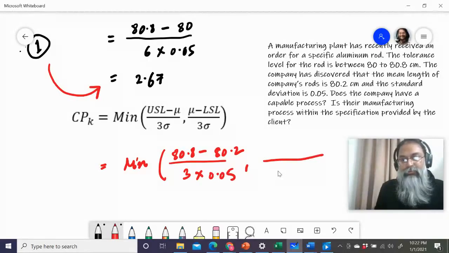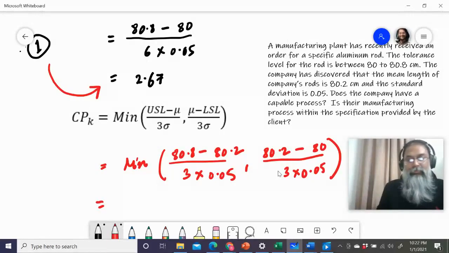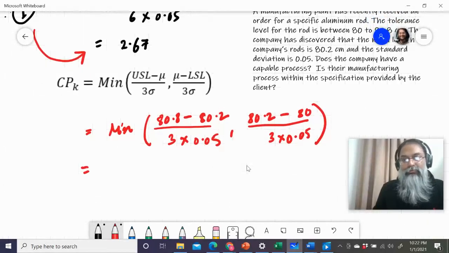So let's continue, and 80.2 here, the lower specification limit is 80, and then 3 into 0.05. So it will be the minimum of these two equations. So let us calculate.